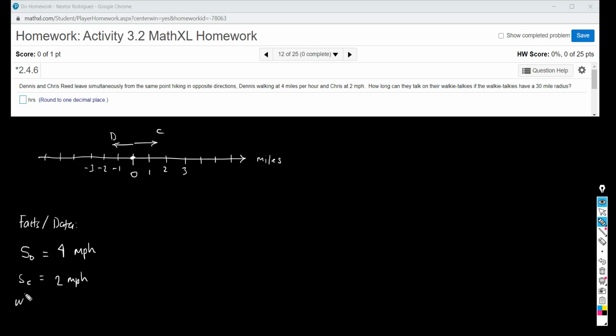And maybe I can add information about what I mean as SD and SC, where SD is equal to the speed of Dennis and SC is the speed of Chris. You may think that this is irrelevant information or too much, but it's always a good idea to define your variables and to be very specific. In this case, by doing this, the reader of your work will know exactly what you mean by SD and by SC.